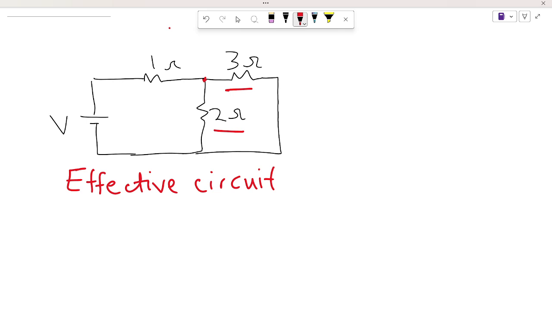And they are in parallel because from the 2 ohm resistor to the 3 ohm resistor and back to the 2 ohm resistor, you realize that it's just those two loads that are in that loop. So it's safe to say that they are in parallel. As we said earlier, in determining the total resistance for parallel circuits, we are saying that the 2 ohm resistor is in parallel with the 3 ohm resistor.